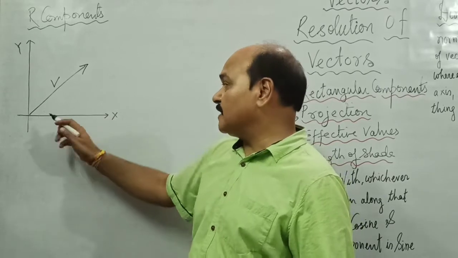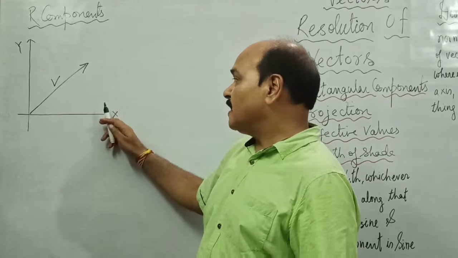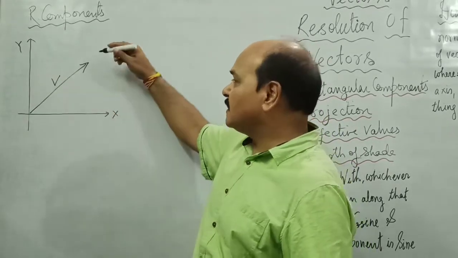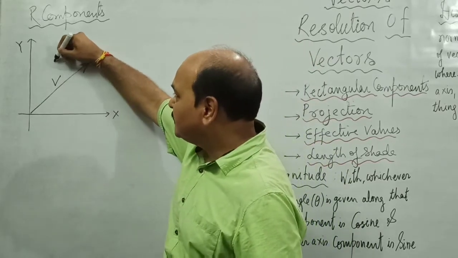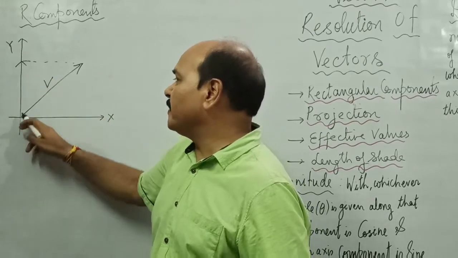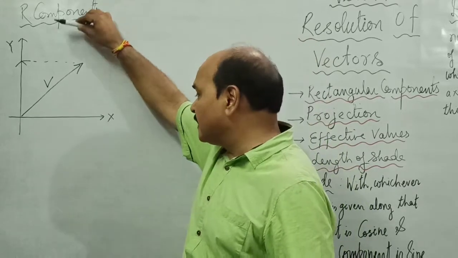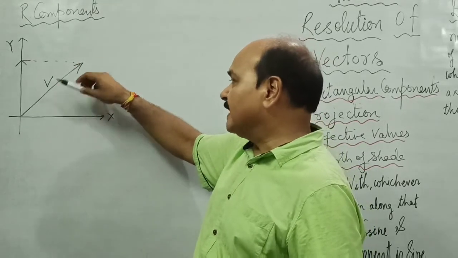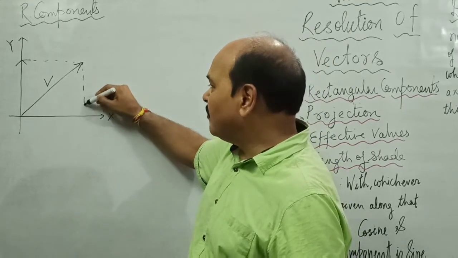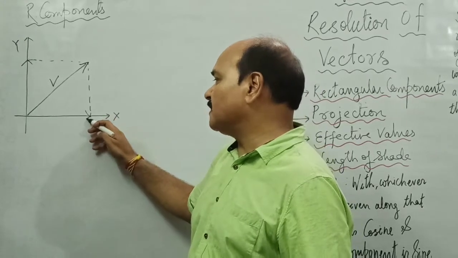If this vector is analogous to a stick in between these two axes and light happens to fall along x-axis, in that case the shade of this stick would be from here to here. And if the light happens to fall along vertical, then the length of the shade of the stick would be from here to here. We drop normal and the length of the shade would be like this.